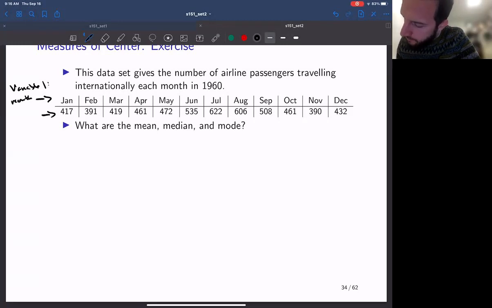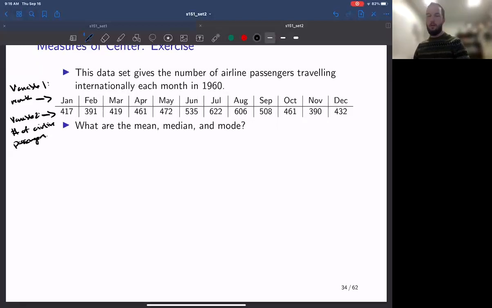And our second variable is the number of airline passengers. Okay, so we have 2 variables in this data set. The month of the year, and then the number of airline passengers would be the second variable, right?